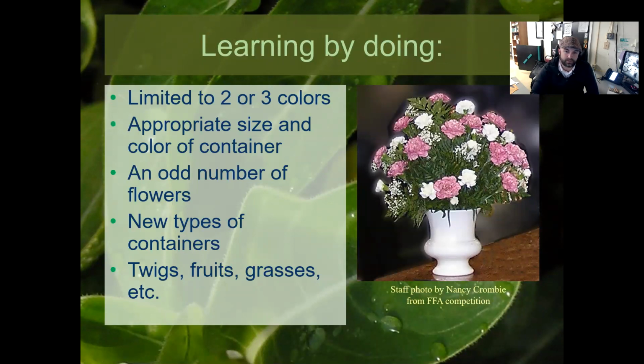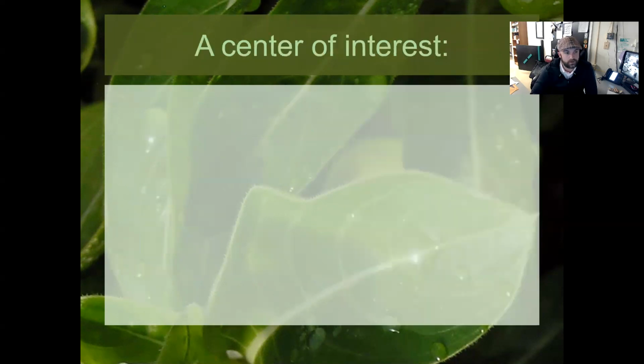You can typically use more colors if you want, but you always want to stay with an odd number. So if you go beyond 3, have 5 colors. And the bigger the arrangement, the more you can work with. But I typically like to keep it simple with 2 to 3 colors in your arrangements.